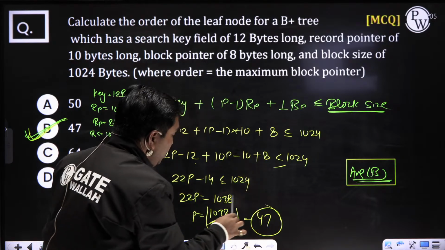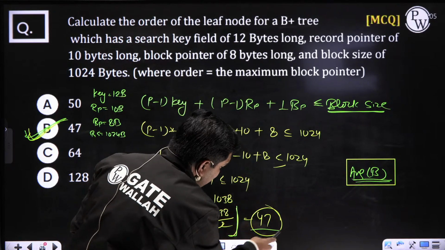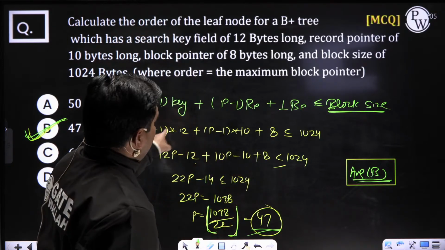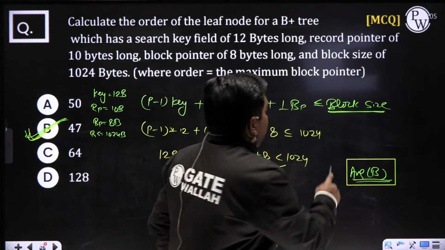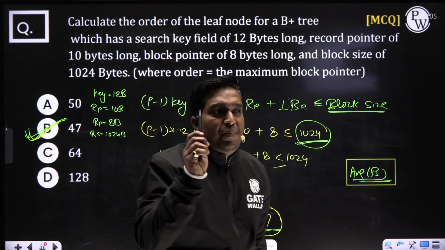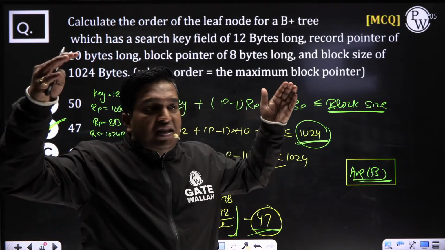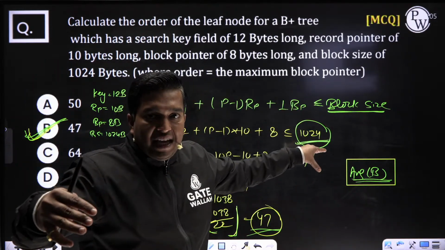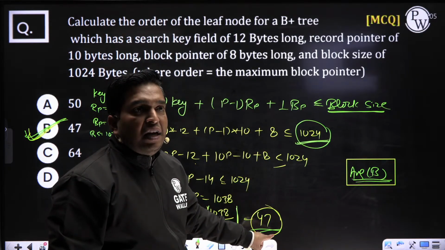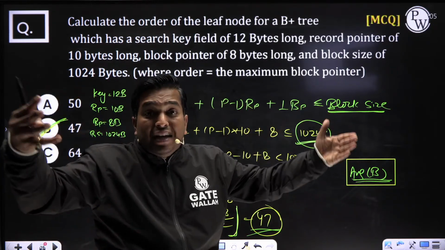If you take ceiling here, then what do you get? 48. Whenever you insert 48, you are not able to accommodate it in one block. Please try to understand, feel it: this is one room, this is the room size, and these are the components. If you take ceiling, the data will be bigger than this room.